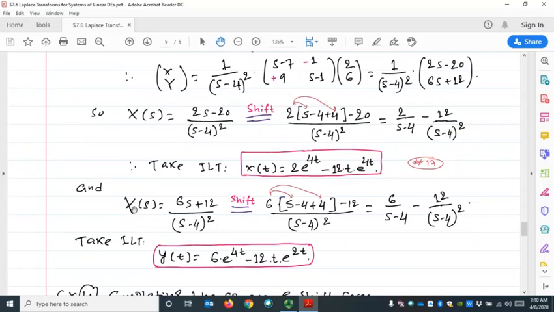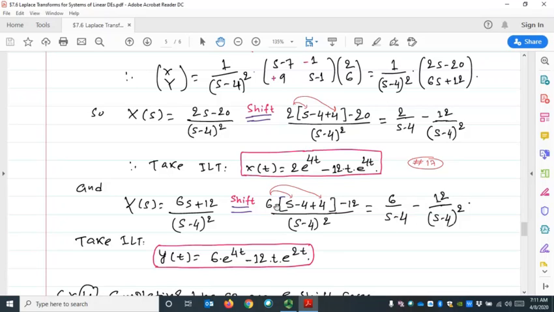Now capital Y equals, from here, 6s plus 12 over s minus 4 outside square. Same as before, put the shift. So the shift is now negative 4 plus 4. And the next one, 6 times s minus 4 over s minus 4 squared. So cancel one s minus 4. That gives you 6 over simply s minus 4.